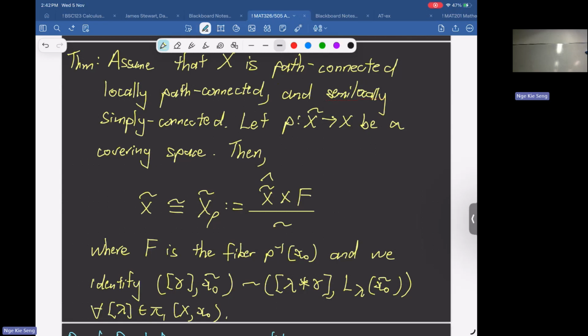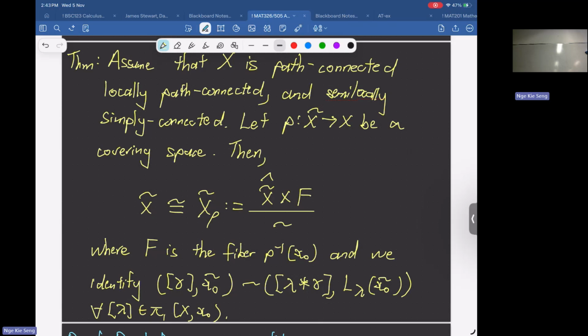Instead of the whole covering space, we decompose it into a product space, but with some equivalence. So when can we do that? As long as your X is path connected, locally path connected, and semi-locally simply connected. This makes sure that we have a universal cover.